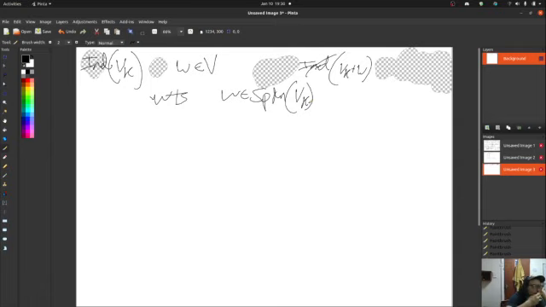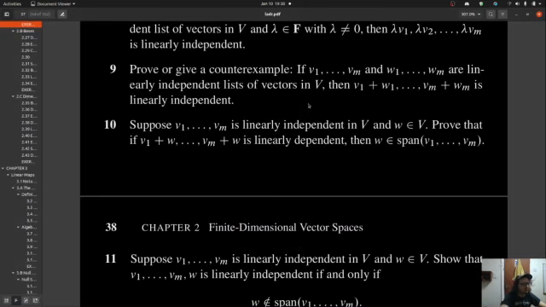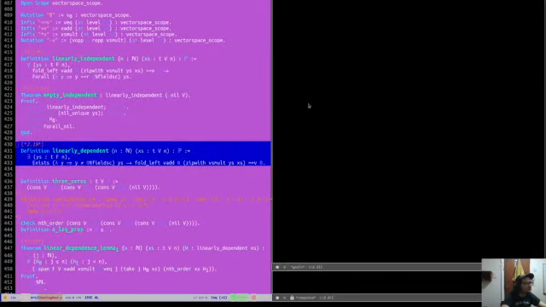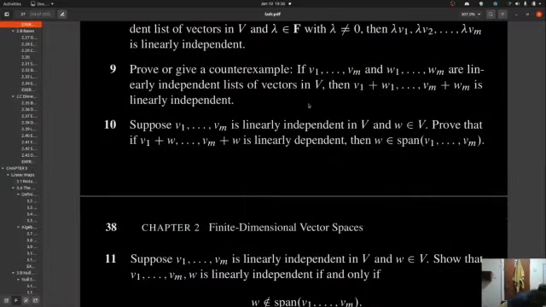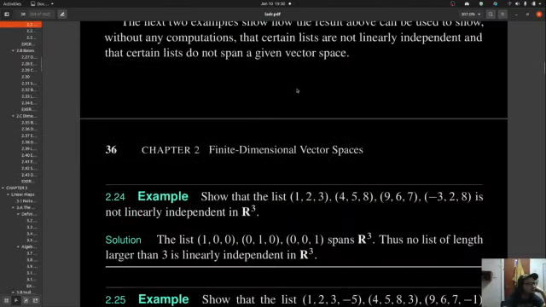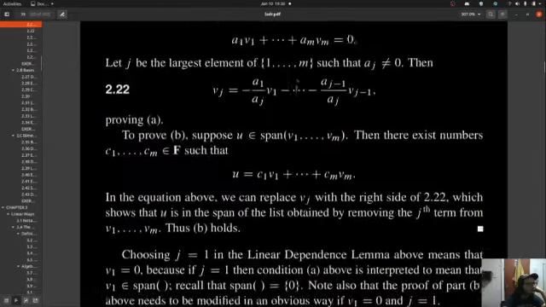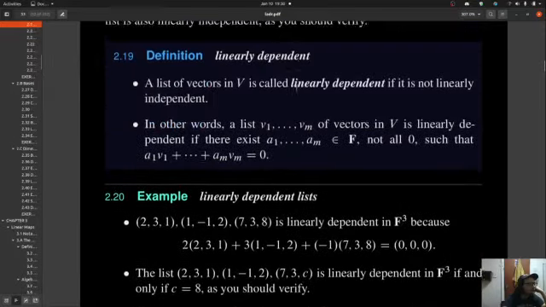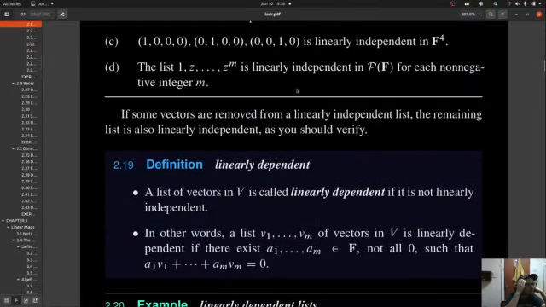What can you do? I wonder if that's the correct definition of dependent. Is that what the book recommends? It says it's 2.19. Not all 0.